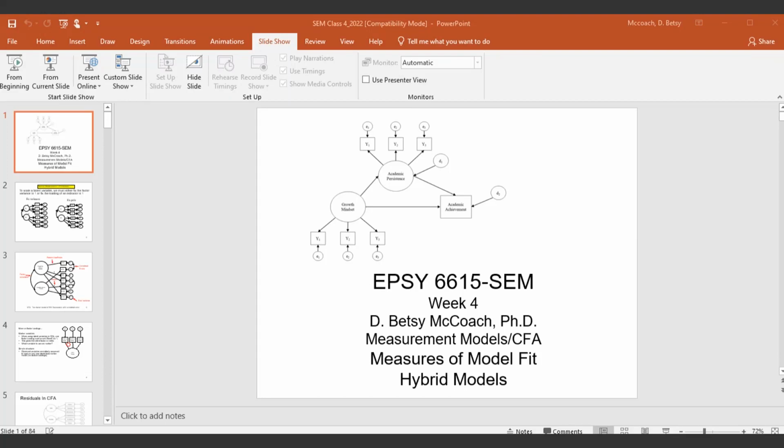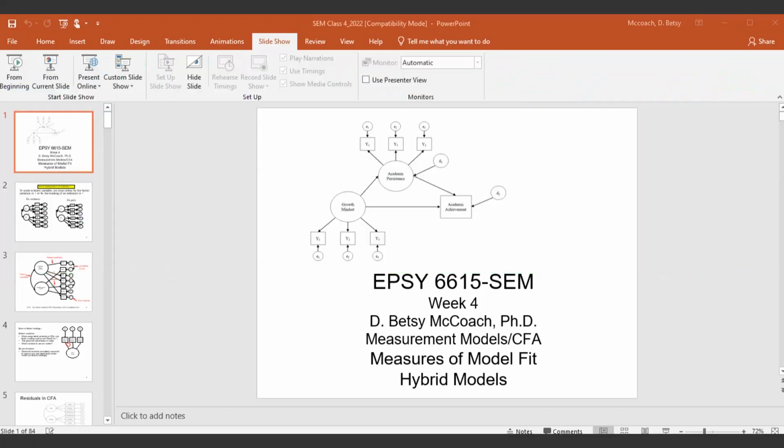And remember that we could allow the errors of two of the variables to be correlated with each other. Again, we want to think about whether we want to do this or not. Conceptually, it might not be something you want to do. That means that the covariance between those two indicators is higher than would be predicted by the factor structure.